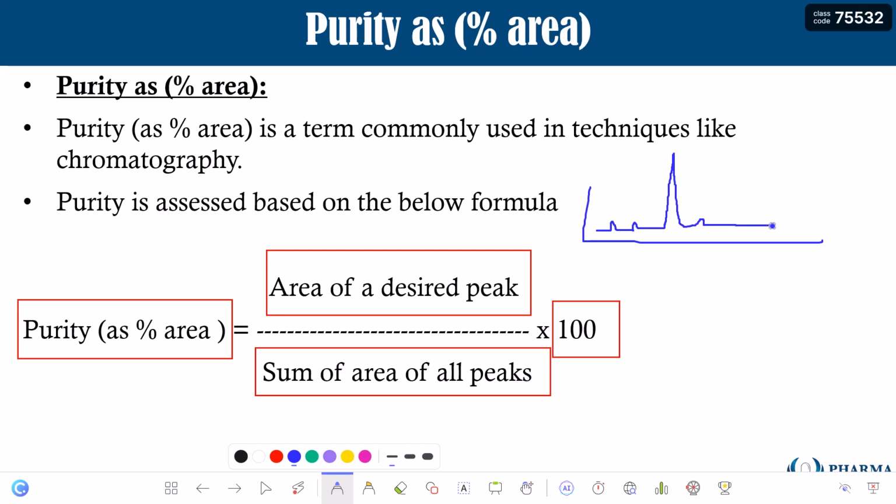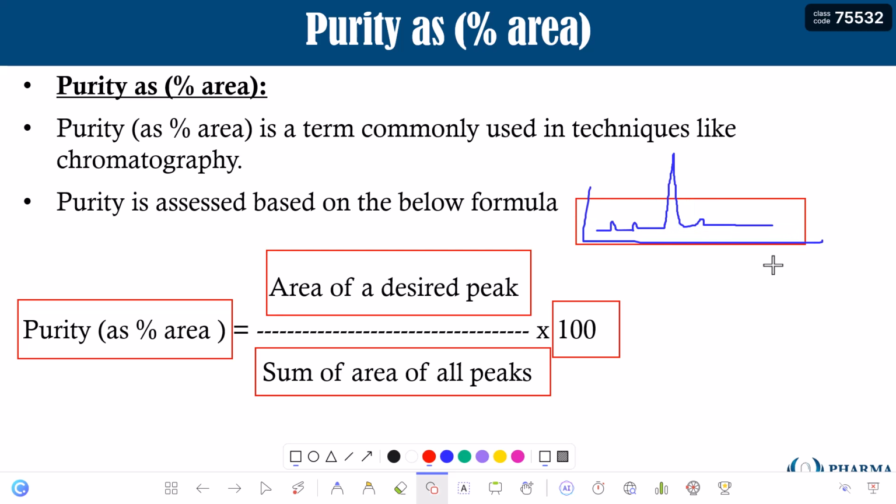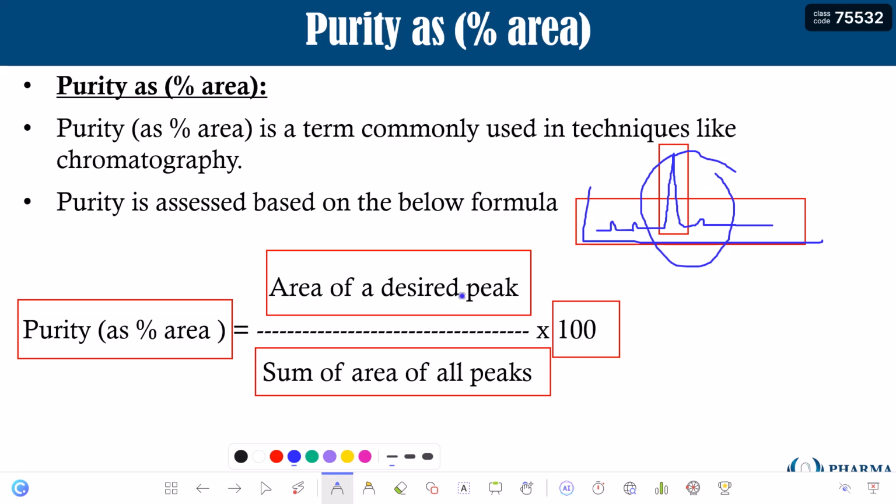You are going to integrate these peaks together, and assess the total area of this entire chromatogram, which is the sum of all areas, and you'll also assess the area of only the desired peak, into 100. That is going to give the purity of this particular peak.